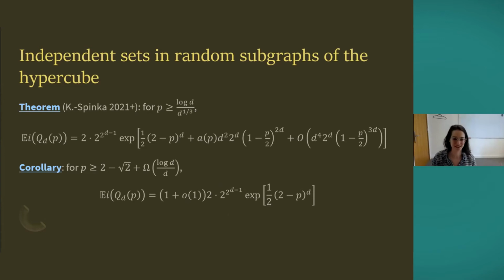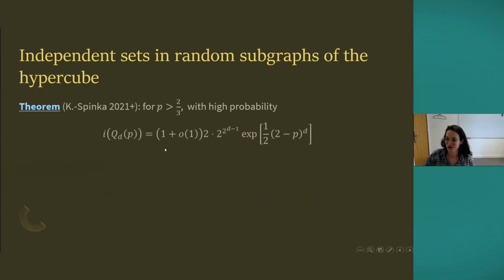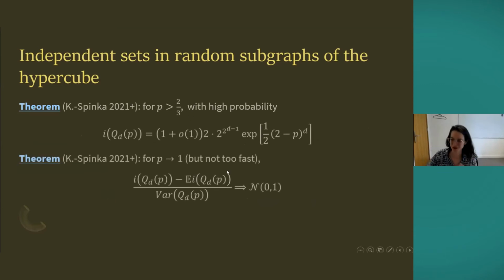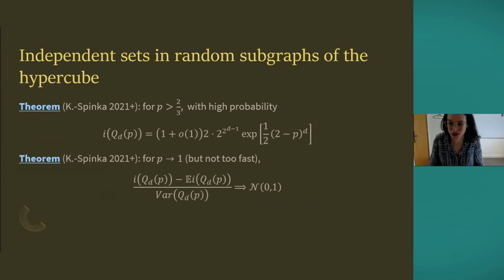You get the expectations, and if you want to put the 1 plus little o of 1 term here and not in the exponent, then you need to take some larger p. And if you want to ask when it converges, then you need to take a bit larger p.